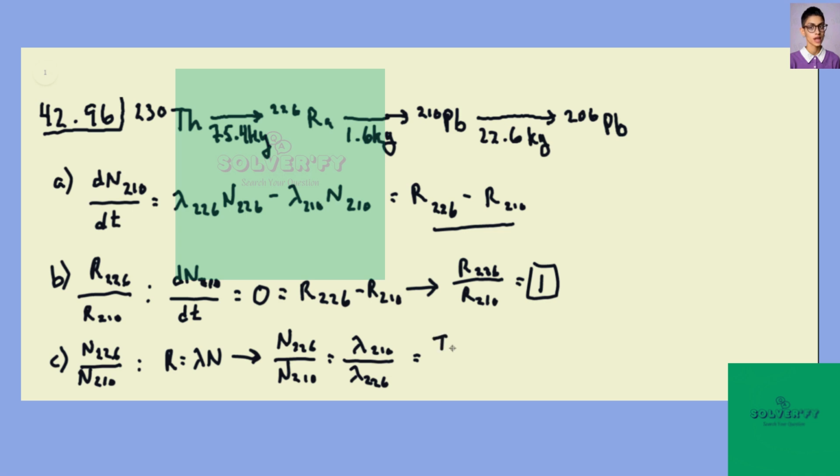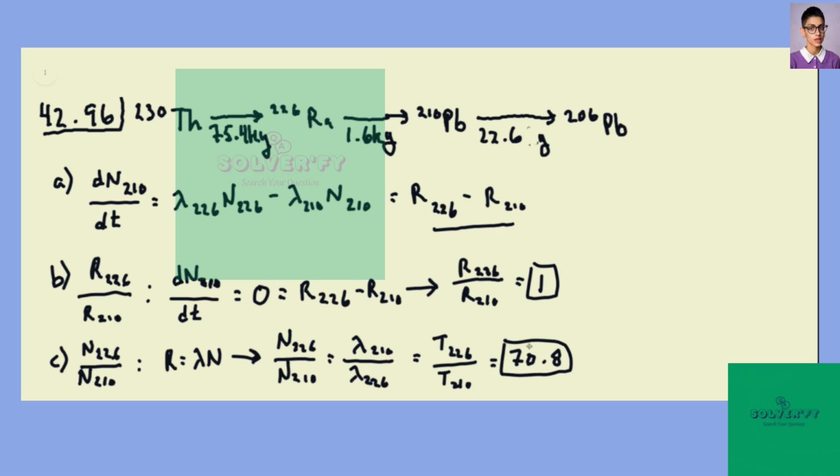So now we have the half-life of 226 on top, divided by that for 210. Sorry, this is a typo, it's just 22.6 years. And so this is the 1.6 thousand years divided by the 22.6 years, or 70.8.